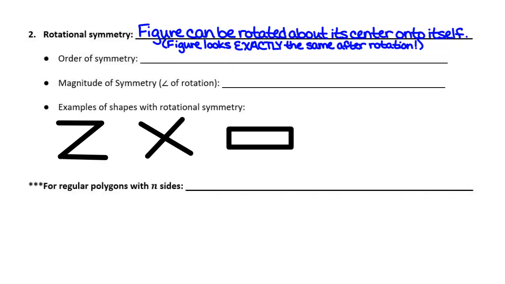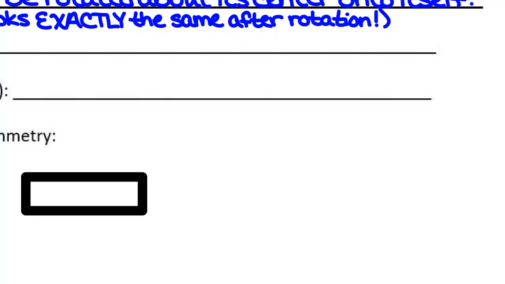And then before we write down about order and magnitude, I would like for you to copy these shapes into that little space. We have a Z shape. We have an X shape. There's a rectangle. Currently I am drawing an octagon. An octagon has 8 sides.